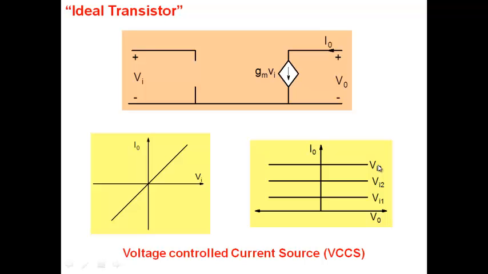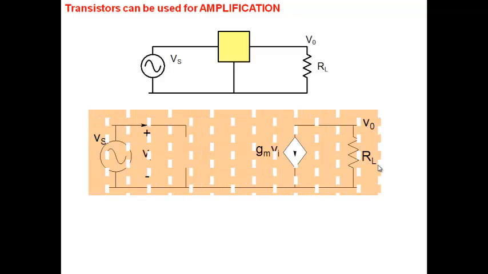So if an element shows this kind of behavior over a part of its characteristics, where transconductance may be prominent as compared to output conductance, that region of the device we could exploit for creating an amplifier.